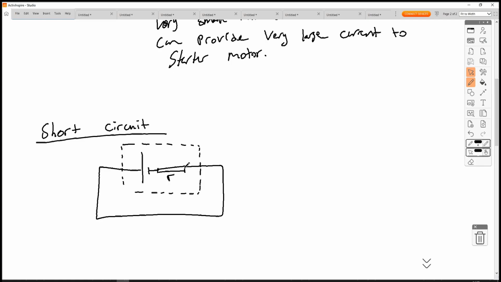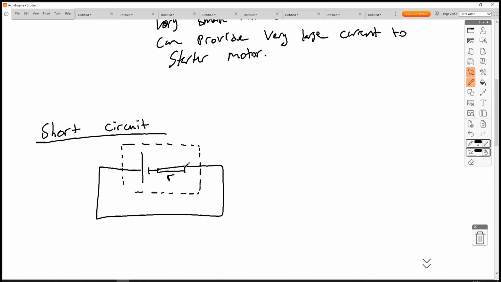Now, if I said that the internal resistance is very, very, very small, and we've now short-circuited this battery, then according to V equals IR, all of the potential difference is now in the internal resistance. That means all the energy is converted into heat in the battery. You have large currents because V equals IR. So if you do V divided by a very small R, you get a large current. You've got large currents flowing through the battery. The battery is now transferring all of its own energy into itself through its internal resistance.